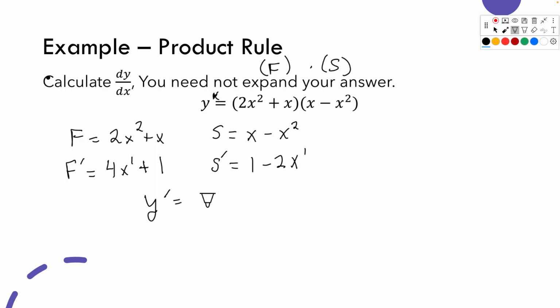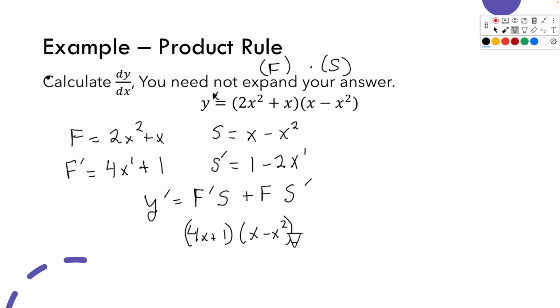So what do we got? Okay, we're going to write it down. Take the derivative of the first times the second, plus the first one unchanged times the second. You can use any math rules and develop these any way you want, but that's how I'll do it. So what's the derivative of the first one? It's 4x plus 1. And what's the second one unchanged? It's x minus x squared.